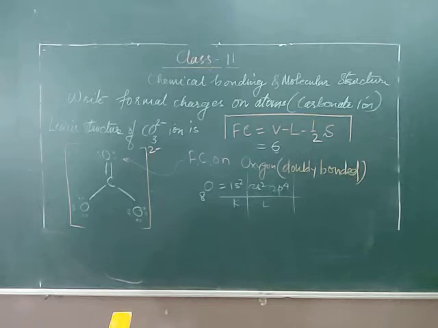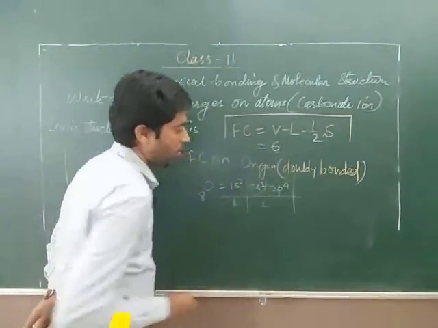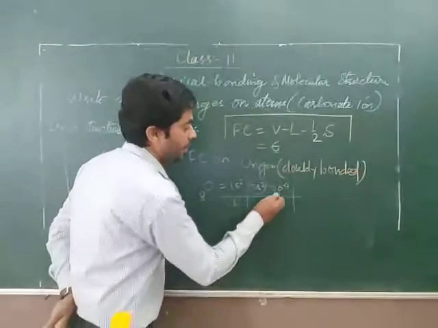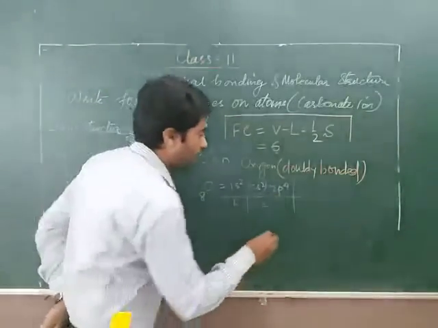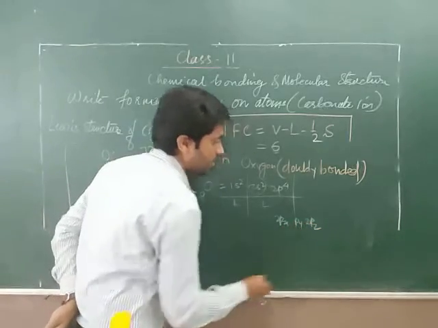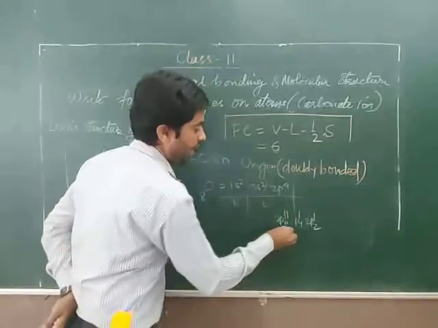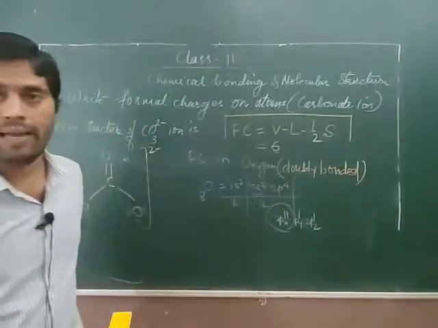How many lone pairs are in oxygen? In 2p4 we have 2px, 2py and 2pz, with 4 electrons, so there is a lone pair in 2px.